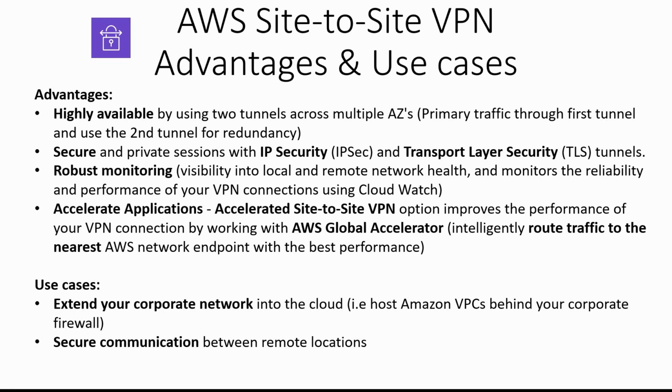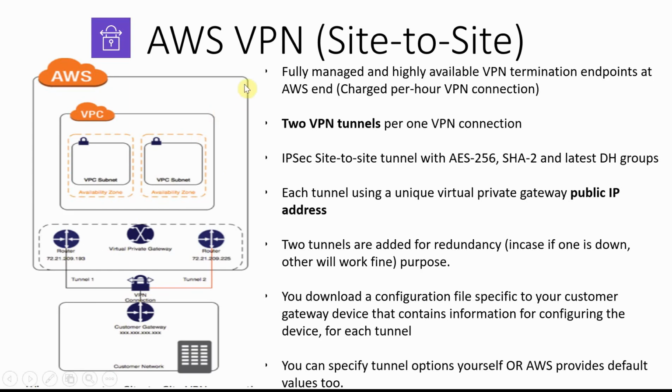And the typical advantages with site to site: they're generally highly available because it's managed by AWS. So you get the high availability aspect, typically with two tunnels, and this also can support multi-AZ, where the VPN tunnels can be in any region or any zone, for example, any availability zone.